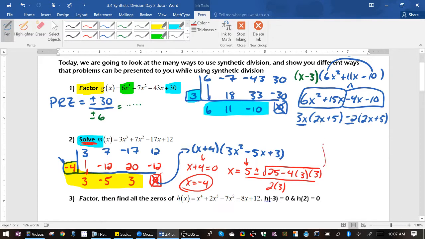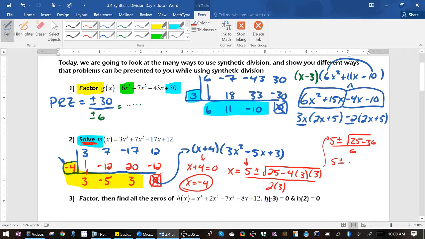I'm going to try to smash this in here. So I want you guys to focus on the square root first. This is 25 minus 4 times 3 is 12. 12 times 3 is 36. So I get 25 minus 36 over 6.